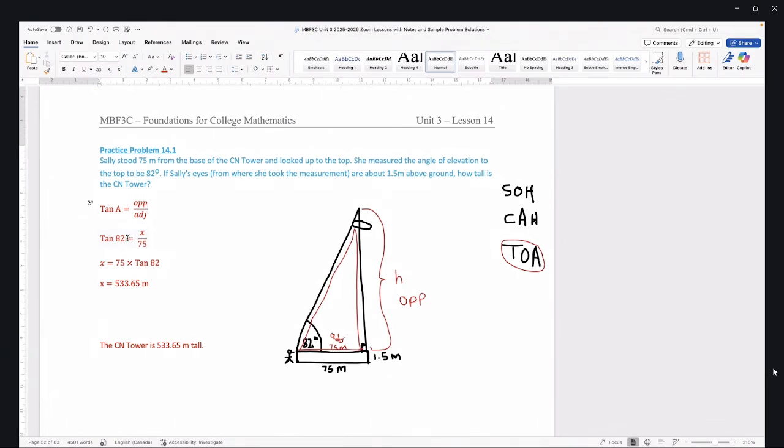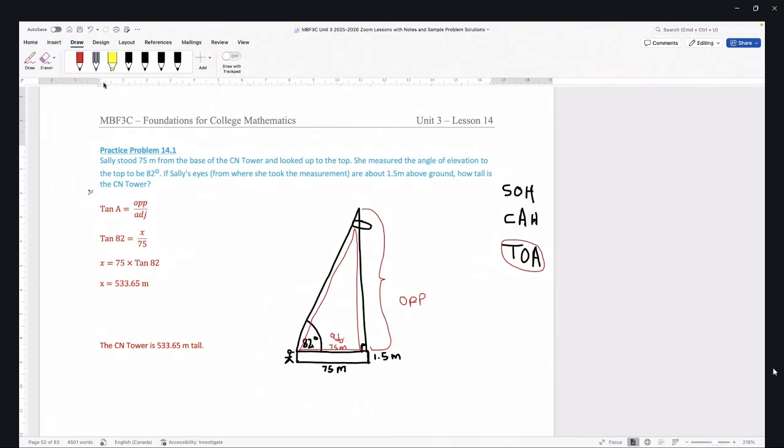So we have tan of the angle, 82 degrees, equals, now here I used X, so I'm going to change this here. And again, the letter you choose is entirely up to you, but here we used X, so I'll call it X here as well. So X over 75.